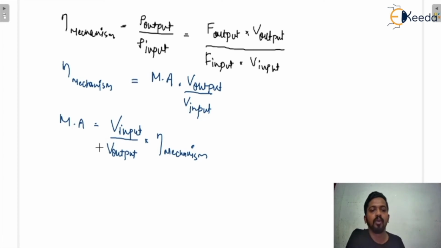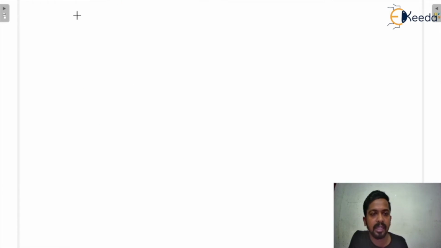Now if you want to calculate the mechanical advantage in terms of omega, then you have to express the power output and power input in terms of torque. Now we are going to calculate the efficiency and mechanical advantage relation in terms of angular velocity. Okay, we all know that this is a ratio of power, that is power output upon power input.